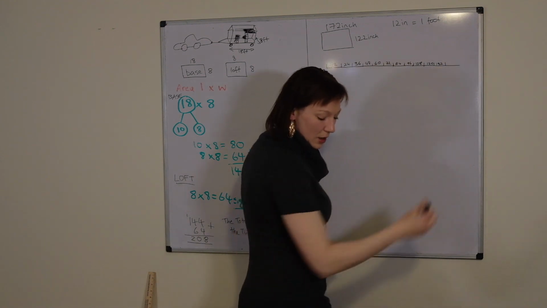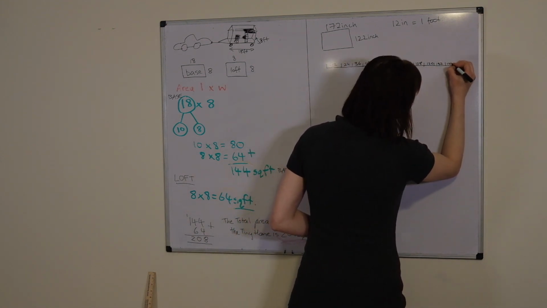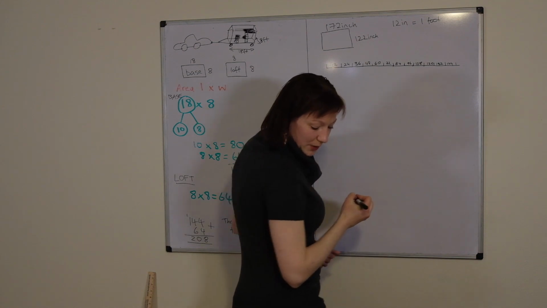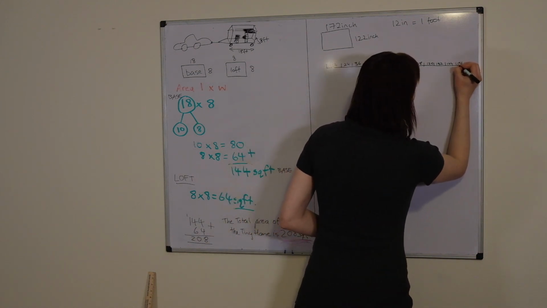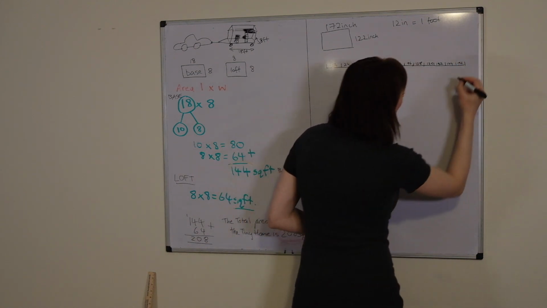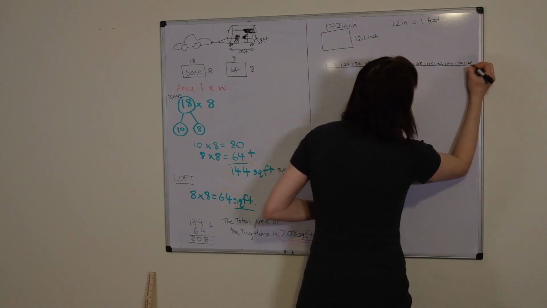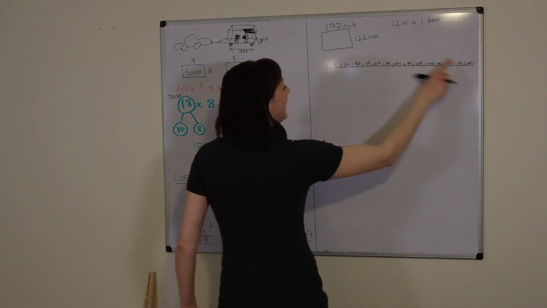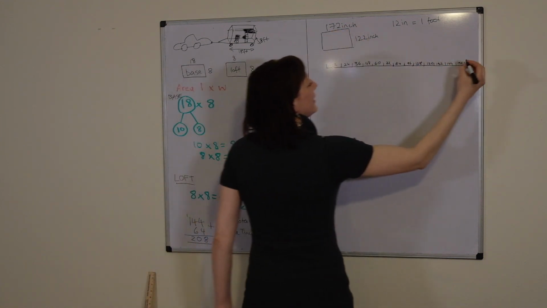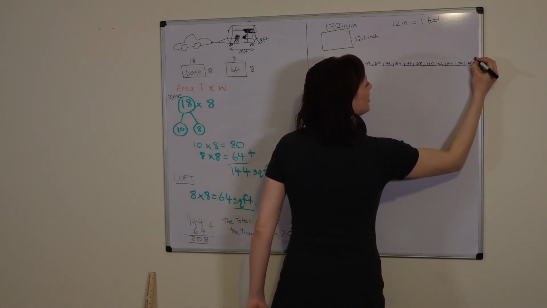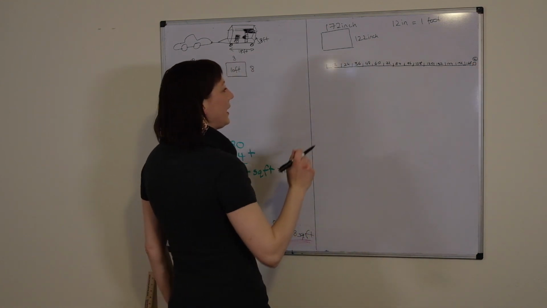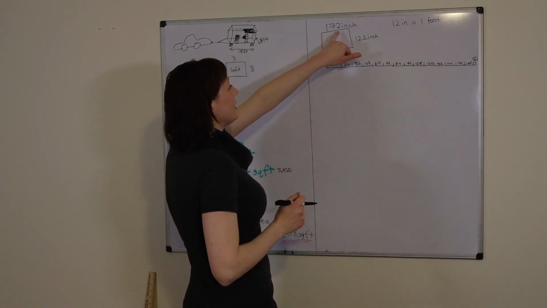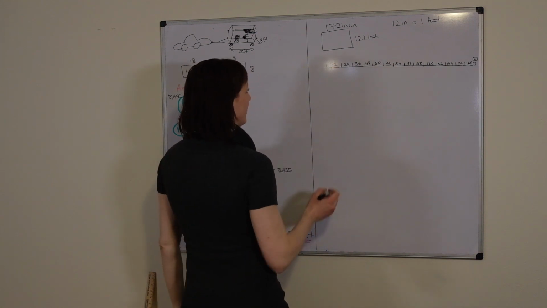132. 144. Yes, I'm cheating because of the pressure. 156. 168. That's getting real close to 172. 168. And how many left over? And another 4 right here. I'm just going to do a little circle there like that. Okay. So, in 172 inches, how many feet have we got?